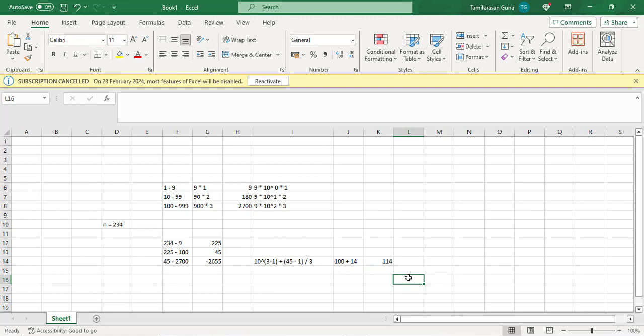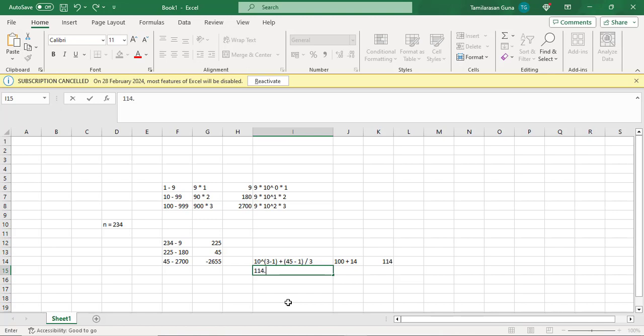Now I need to find out which of these 3 digits exactly matches the 234th digit. Take the number 114. The first digit is at index 0, the second digit is at index 1, and the third digit is at index 2. Here we consider the 0th digit, first digit and second digit. That is why we are subtracting 1 here.